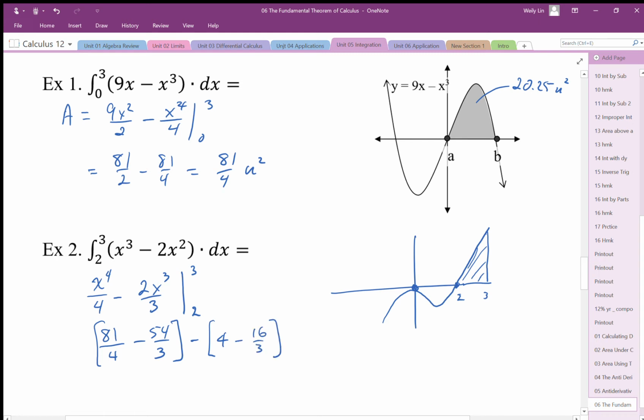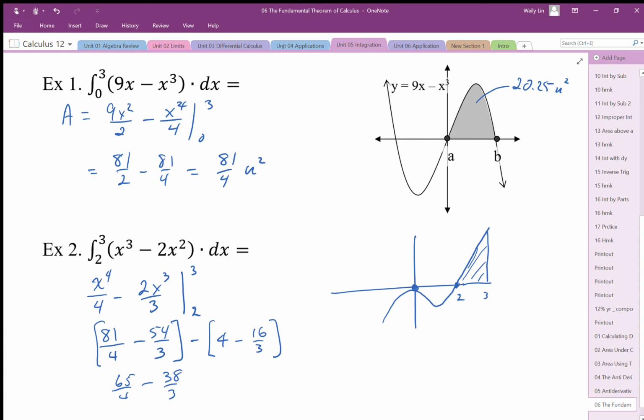Actually, I should have kept that as 16 over 4. So then I end up with 65 over 4, plus 16 over 3, so that's minus 38 over 3. Get a common denominator and subtract those: 65 over 4 minus 38 over 3.